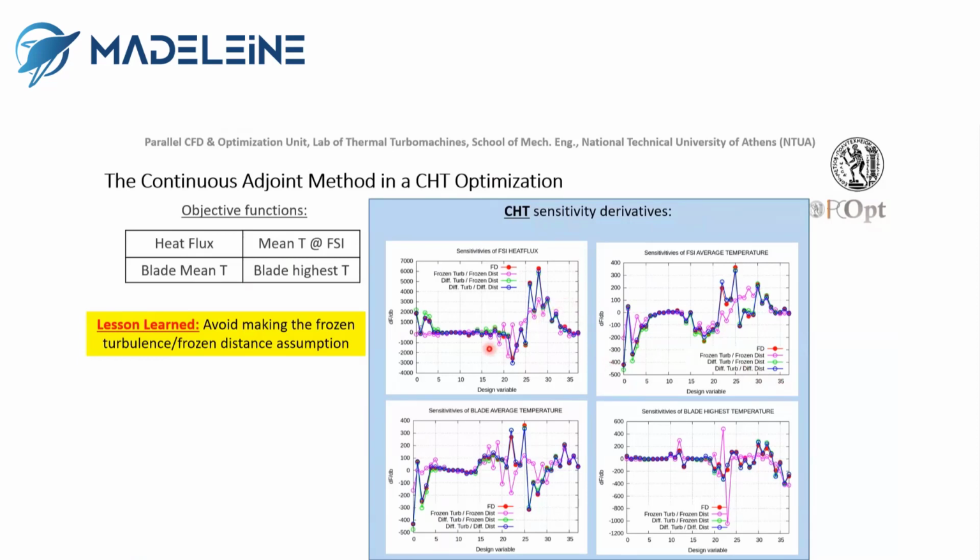This is the purple curve, and you may notice that here, apart from differences in the value of the sensitivity, we have also differences in the sign of the sensitivities, which is very bad when working with a gradient-based optimization algorithm. So the message is that we should avoid making the frozen turbulence and frozen distance assumption.